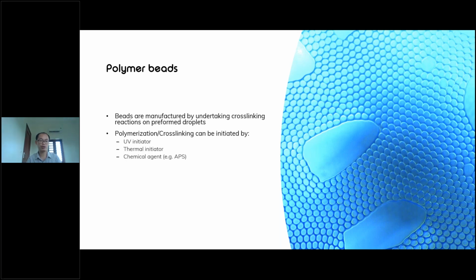The polymerization or cross-linking process can be initiated by UV initiator, thermal initiator or chemical agent, for example, ammonium persulfate can be used as a chemical agent for this application. The polymerization can be undertaken in continuous phase flow, or it can also be undertaken after collection in a vessel.